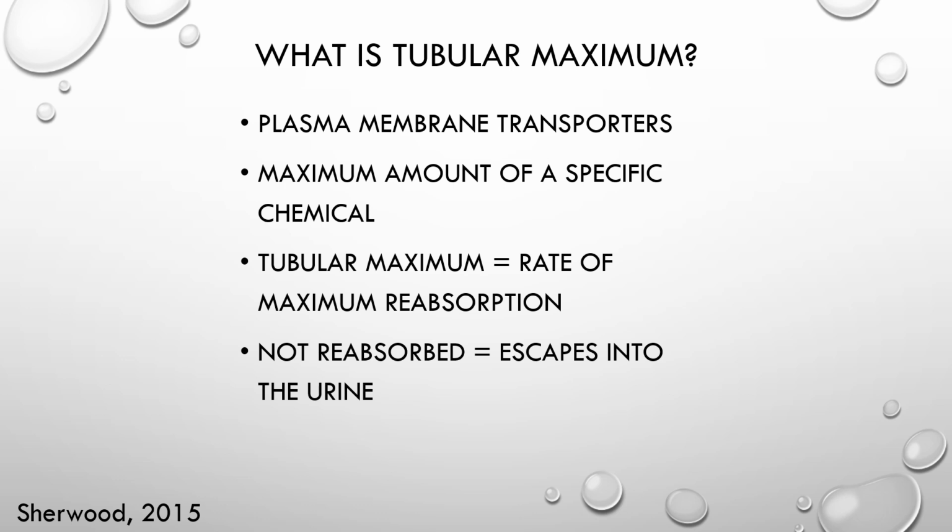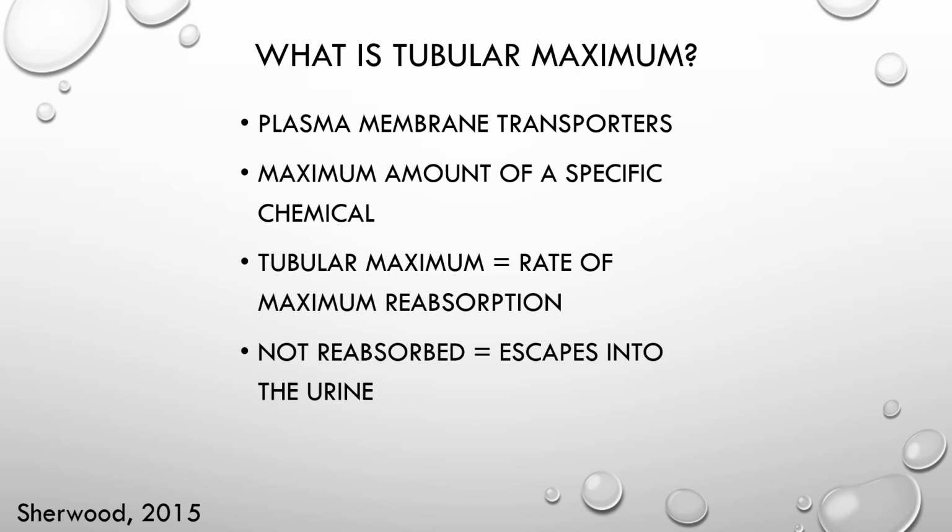When all of the carriers designed specifically for a given substrate are fully utilized or saturated, they are unable to accommodate any more. The maximum reabsorption rate is then attained.